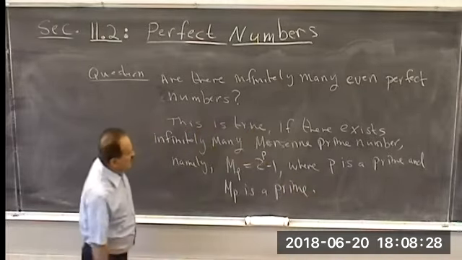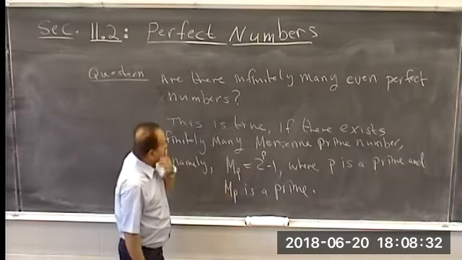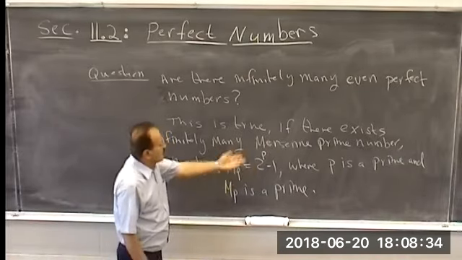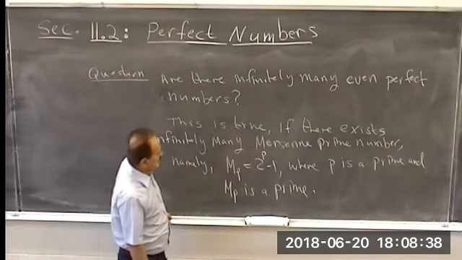Remember we said that not every M sub P is a prime. In order for this to be a prime, the exponent must be a prime, but the number could actually be composite.